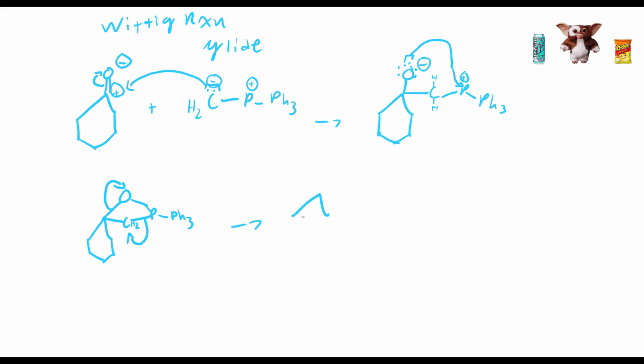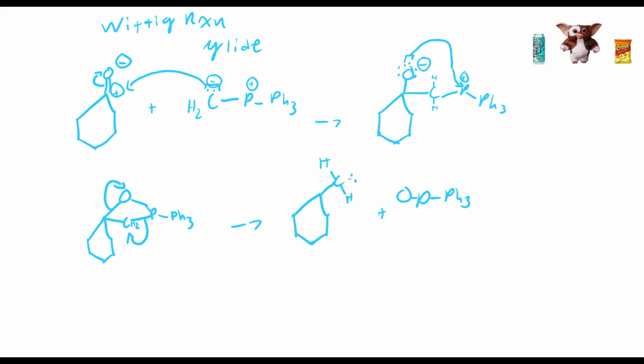So it makes this intermediate. So you have CH2, or I guess I can actually draw it out now. So we have CH2 with some lone pairs. And then we also have this weird structure, right? We have that.